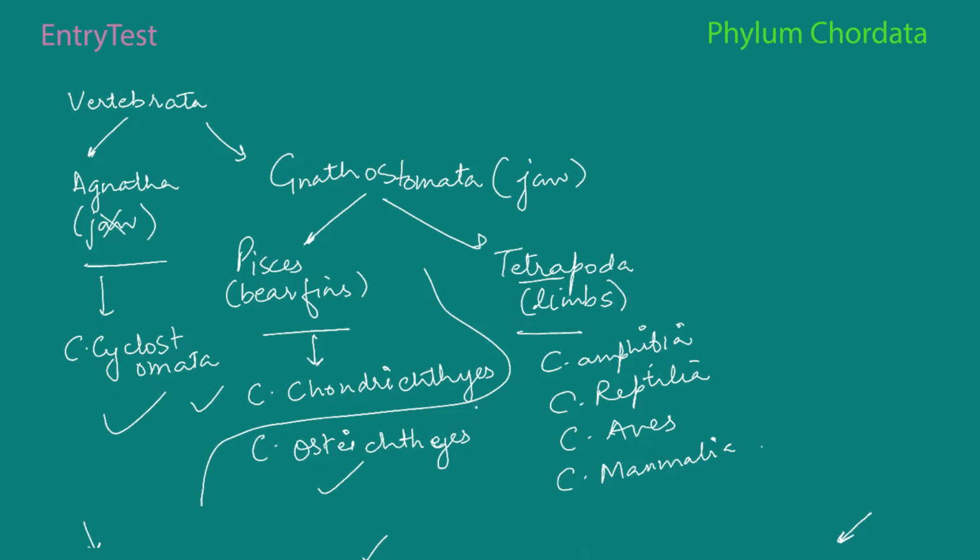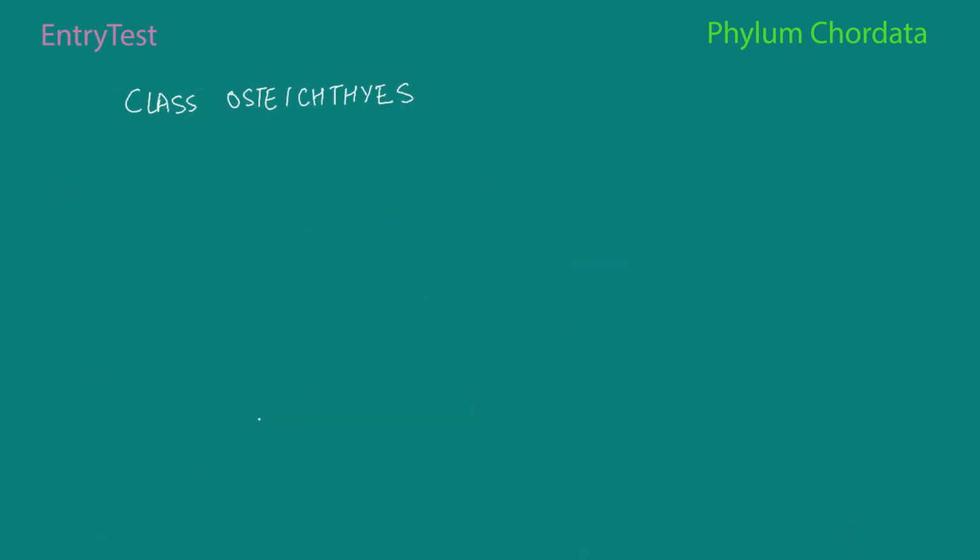Osteichthyes now. Okay, coming to the main features of this class Osteichthyes, you need to remember that this class includes both marine as well as freshwater fishes. The extra feature in these organisms is they have a bony endoskeleton, not made of cartilage like the previous class that we did, but made of bones.